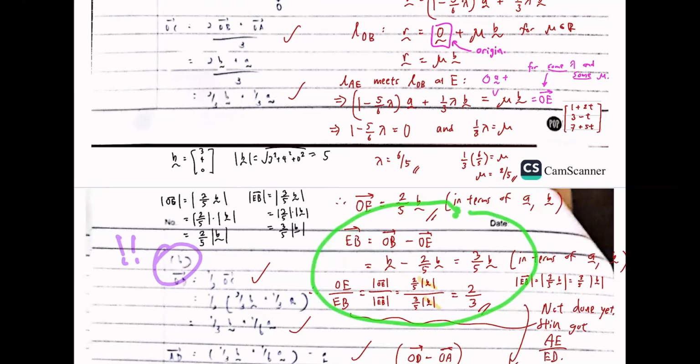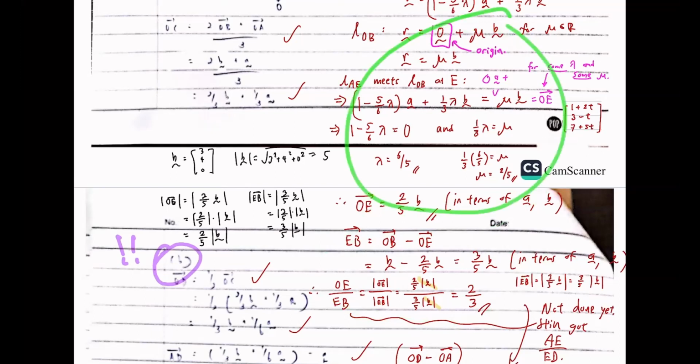It's the same thing, right? So I start from the conclusion, then I fill in the middle, because this part is quite long-winded. But this is the part that you should know, the conclusion. That is finding out vector OE only.